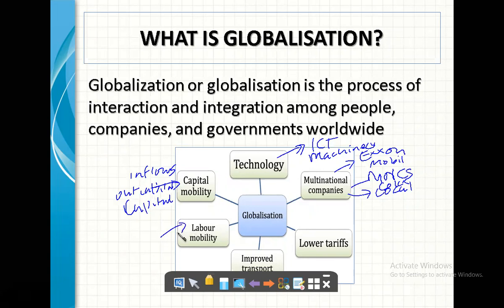Now, labor mobility. In labor mobility, what are we talking about in relation to globalization? Workers, talking about expertise, is that right? So for example, construction workers.